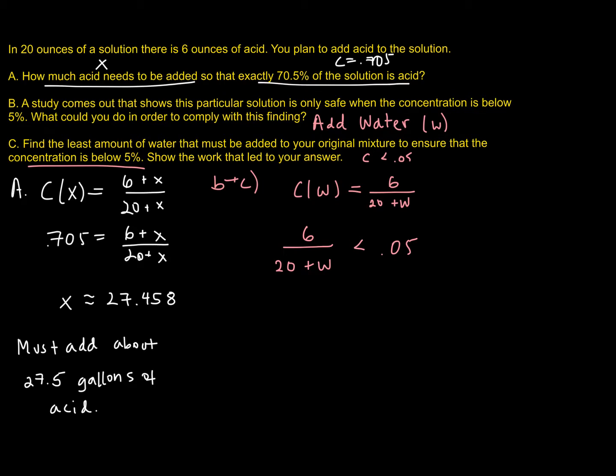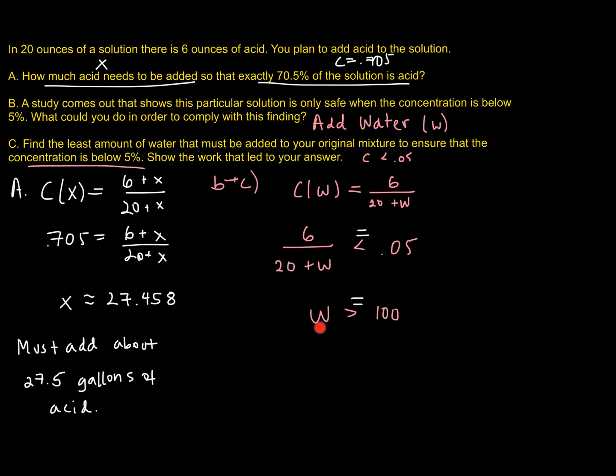And then I can go ahead and solve here for W, and I will get that W must be greater than 100. Notice here that instead of an equal sign, I used this inequality here to dictate the inequality that I was told. If I kept the equal sign, let's just imagine what that would have looked like.